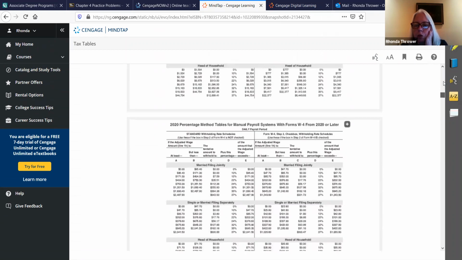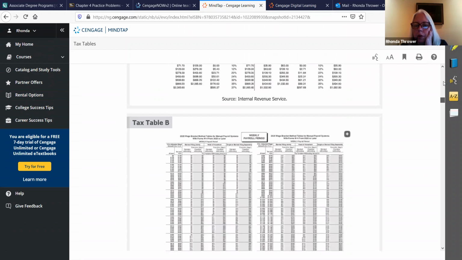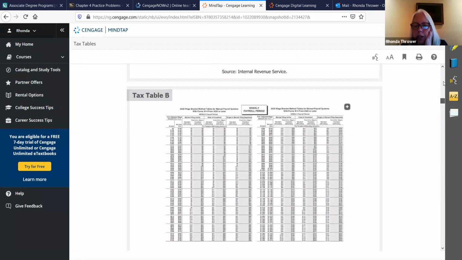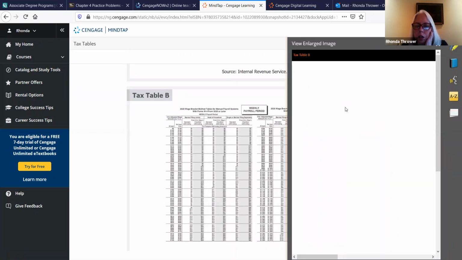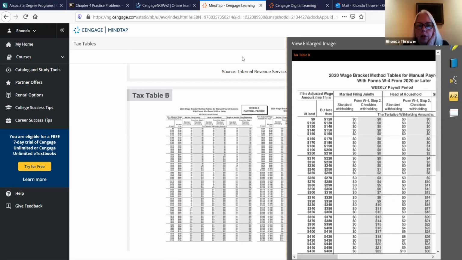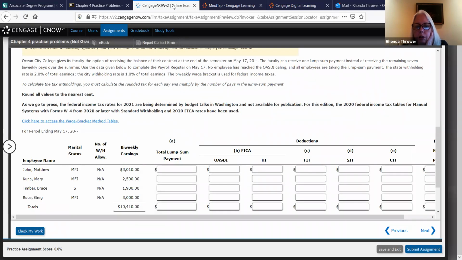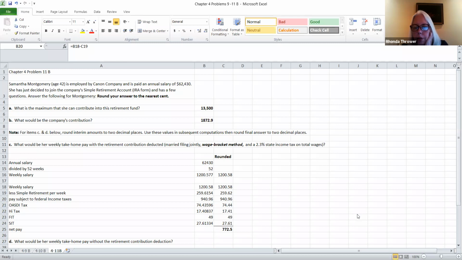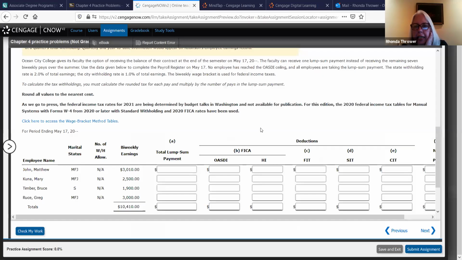We're going to go to tax table B. It is going to be weekly. I'm going to enlarge the weekly amount. And the amount was, I'll check back just a second here. What was the amount that I had on there? Hold on just a second. It was $940.96.